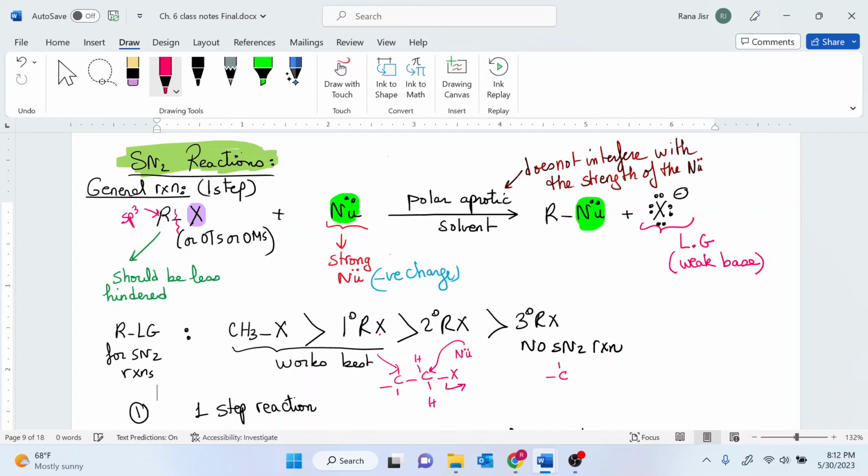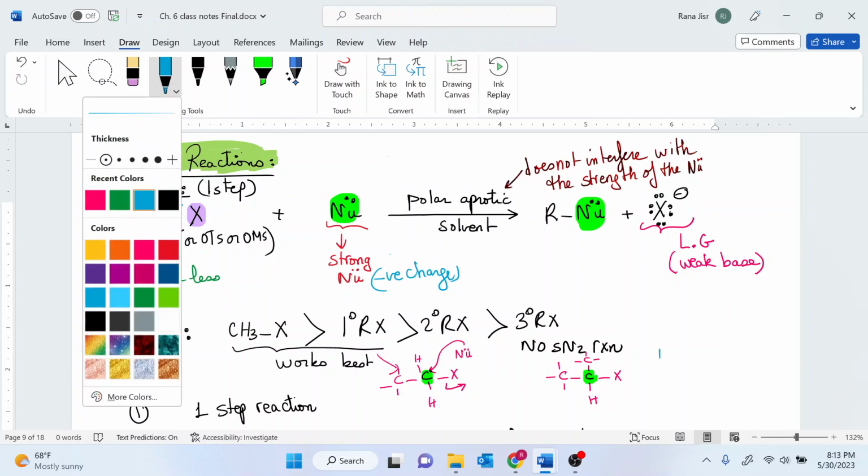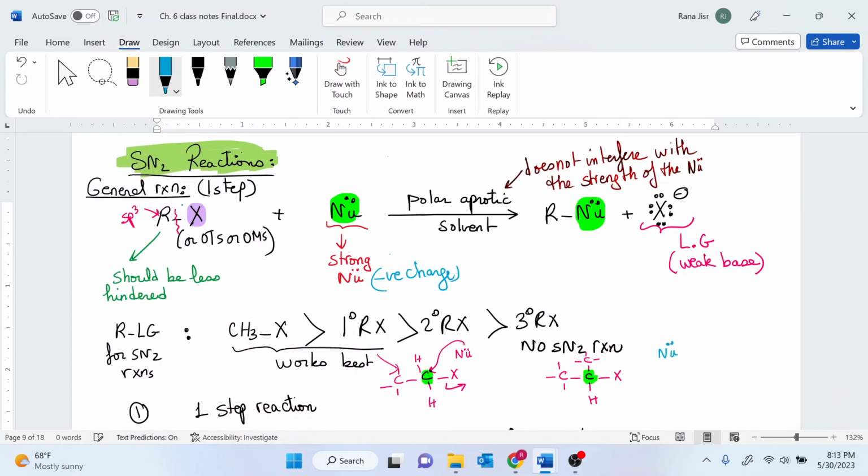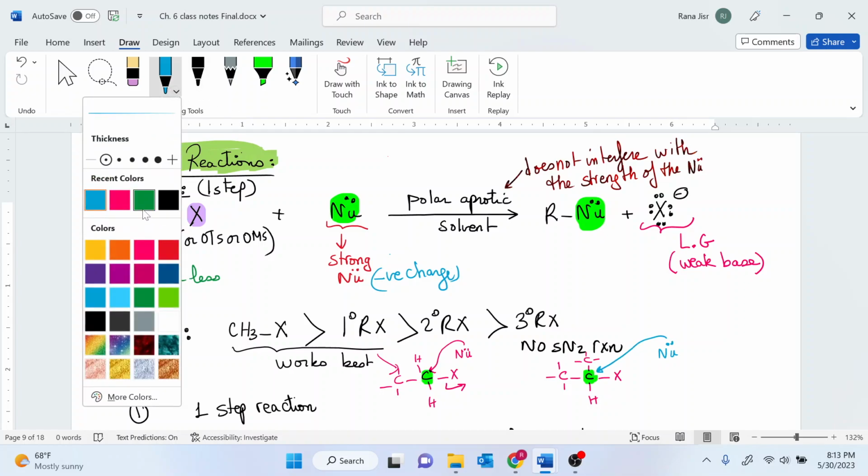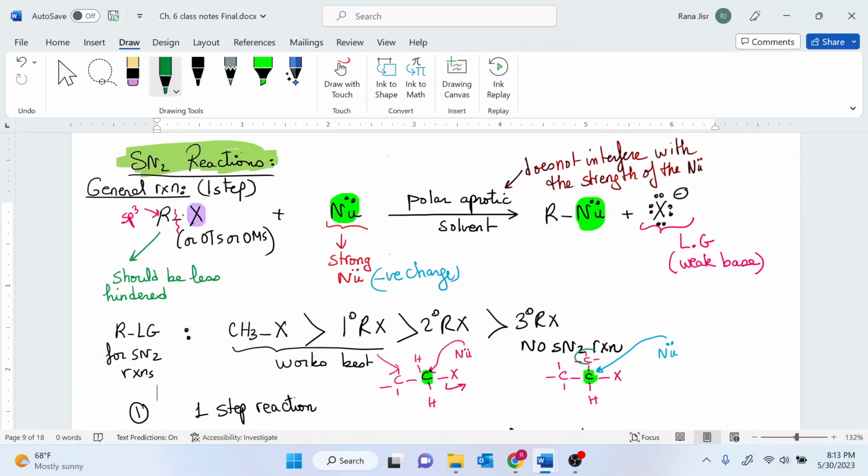Secondary alkyl halides also work, but they are slower than primary and methyl halides. So secondary alkyl halides, so this is the halogen, and this is the secondary carbon, this is the primary carbon. So the nucleophile can come and attack the secondary carbon, but as you can see, the secondary carbon is crowded by the carbons that are connected to it.